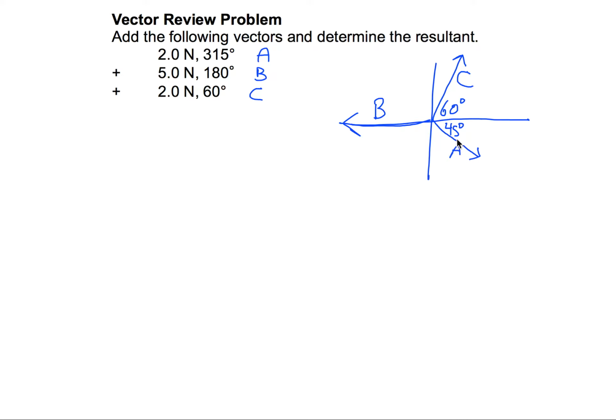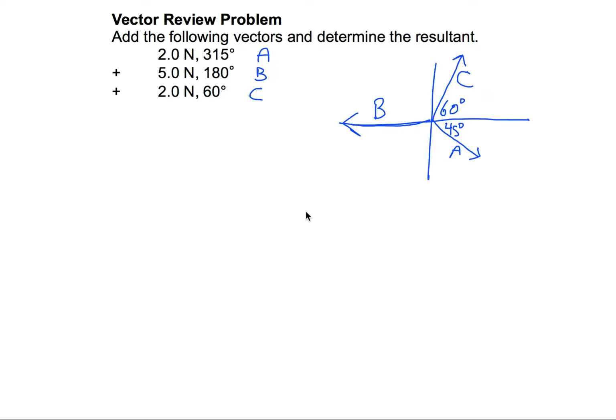The reason I wanted to do this, even though you could use these angles directly when you solve this problem, is because a lot of times in this class you're going to have pictures of the vectors and you're not going to have angles such as 315 degrees. You'll have angles shown like this here where you may have vector A and you're given this angle 45 degrees.